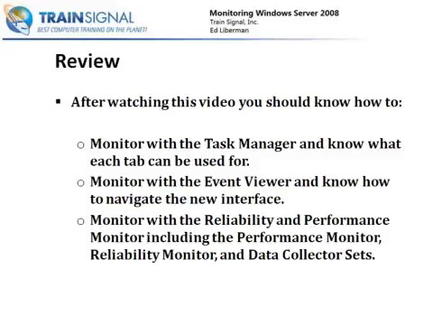And you should also be able to monitor with the Reliability and Performance Monitor, including the Performance Monitor, which has been around for a long time and is not the most user-friendly tool, the Reliability Monitor, which is new to Server 2008, and data collector sets to create reports.